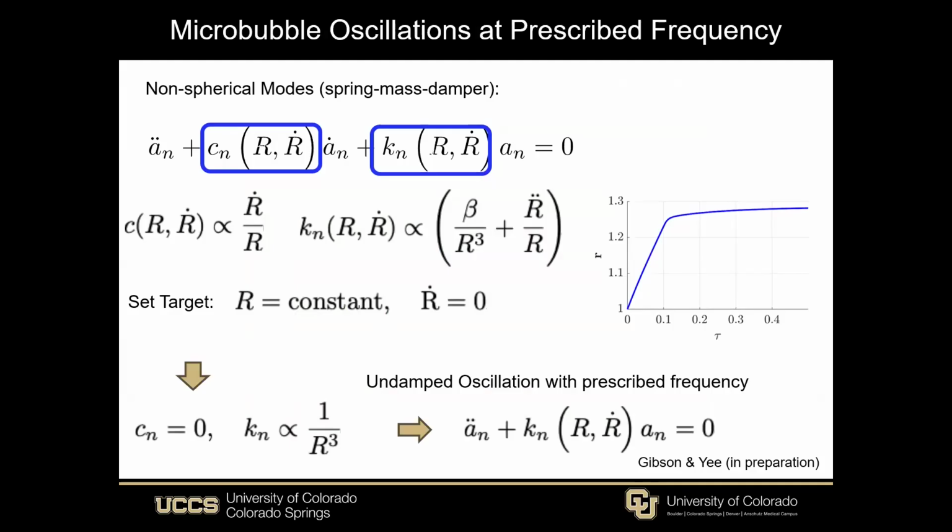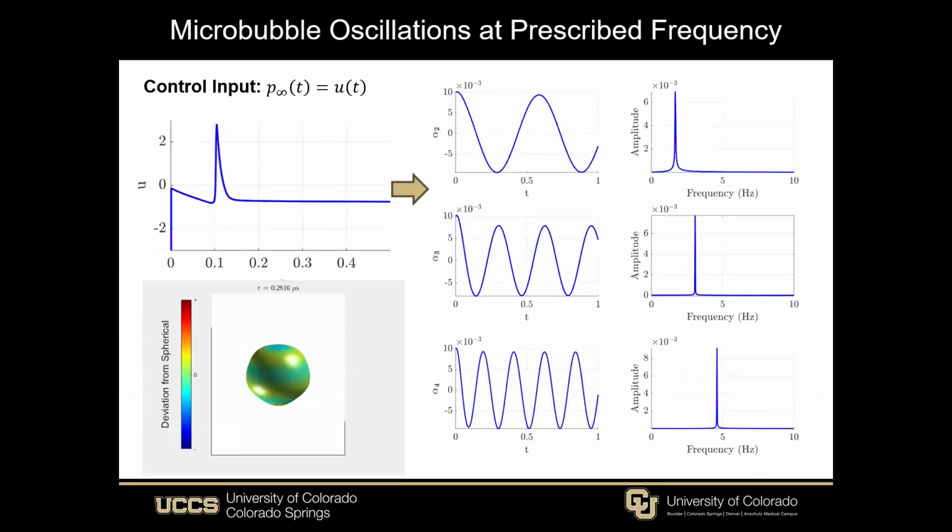Our target for this problem would be R dot is 0 and R is whatever R we want to drive it to. And you can see right here, I have a fixed R, and I can raise and lower the level of R to give me whatever frequency I want with the shape modes. Okay, so it works quite well, and actually this is quite an easy objective to achieve.